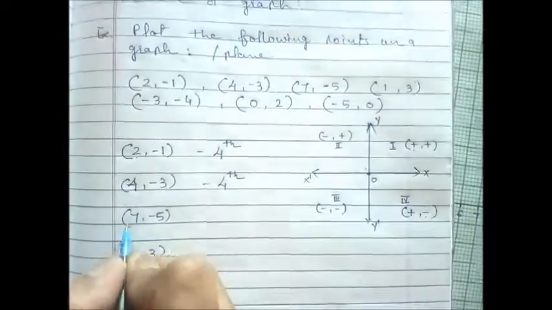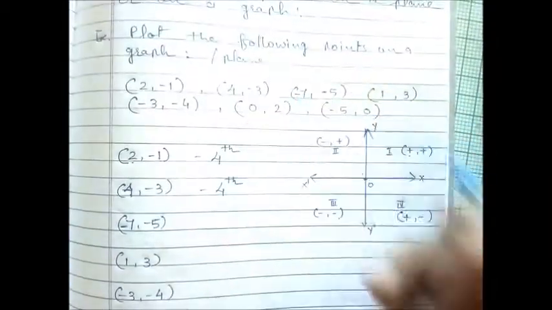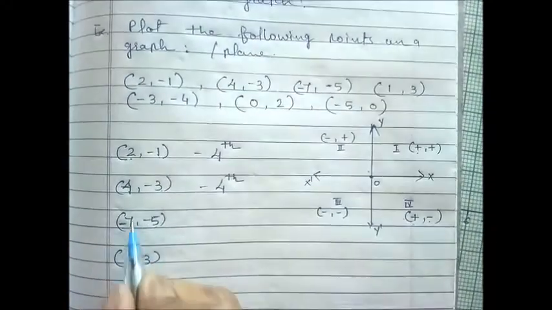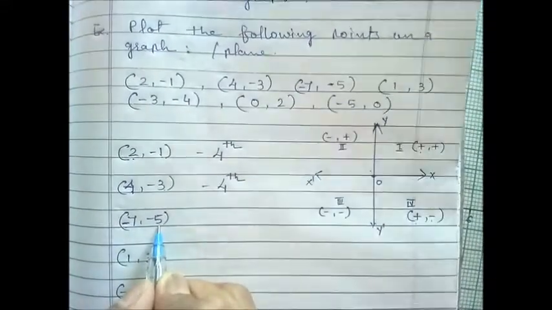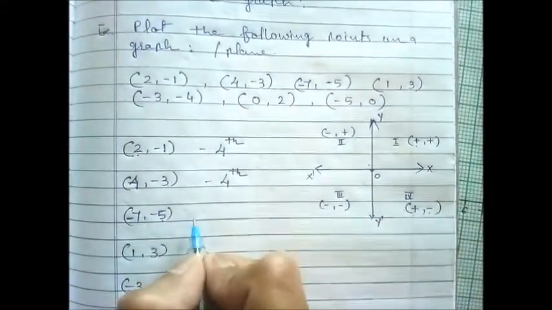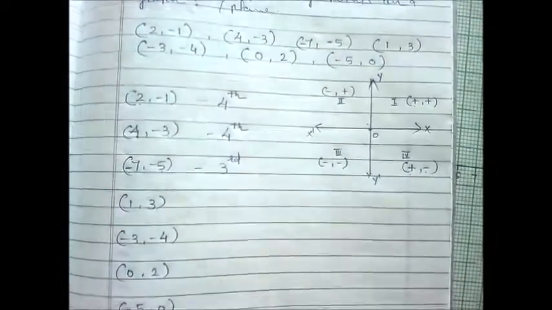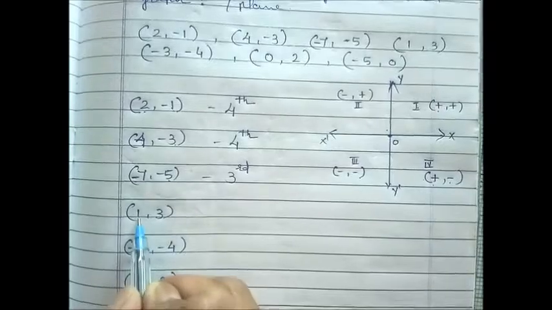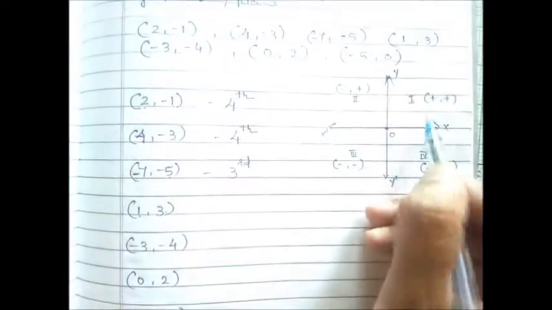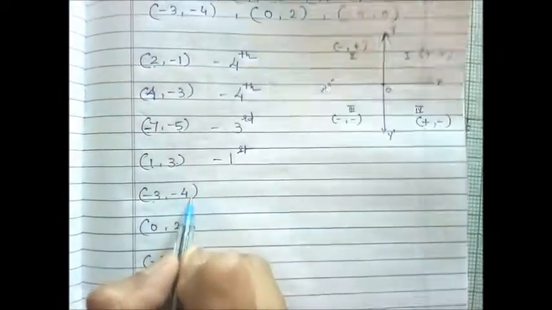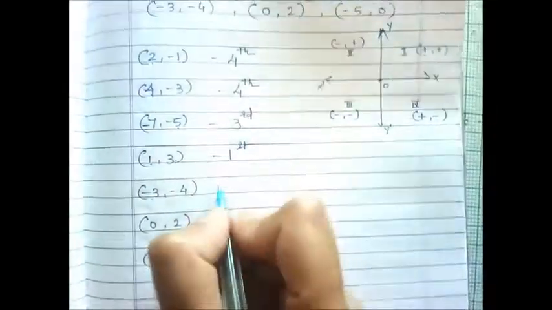Now let's take this (-7, -5), right? That means x is minus and y is minus, so both are minus, that is in the third quadrant, right? The next one (1, 3), both are positive, that means in the first quadrant, right? Now the next one both are negative, means third quadrant.